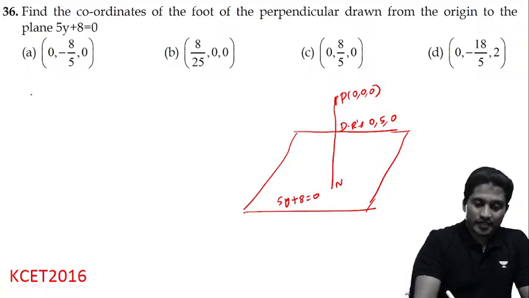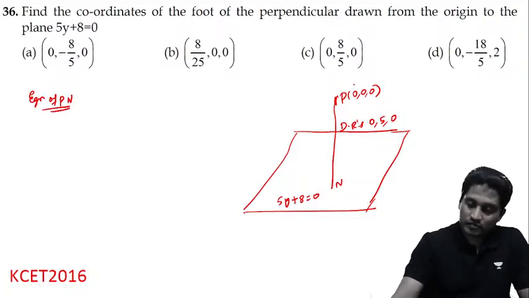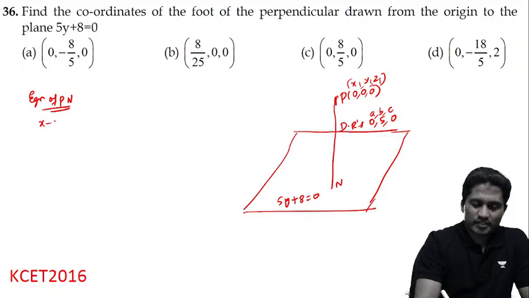Right, now the equation of PN will be, this is x1 y1 z1, and the direction ratios are a, b, c. The equation of PN will be x minus x1 by a equal to y minus y1 by b equal to z minus z1 on c.